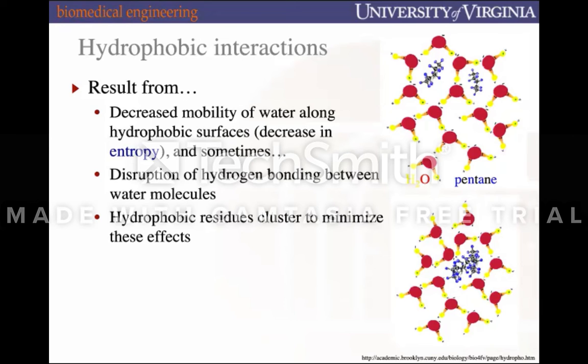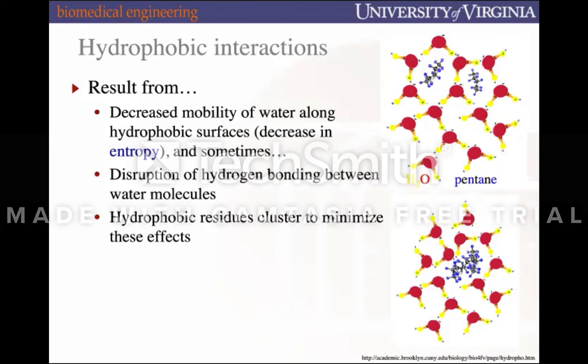Yeah, so what that's trying to describe here is, if it stayed in that top right format, if pentane was mixed throughout the water and clustered in different little tiny clusters or droplets, that would reduce the mobility of water and its randomness, or its entropy, which means it cannot stay that way.